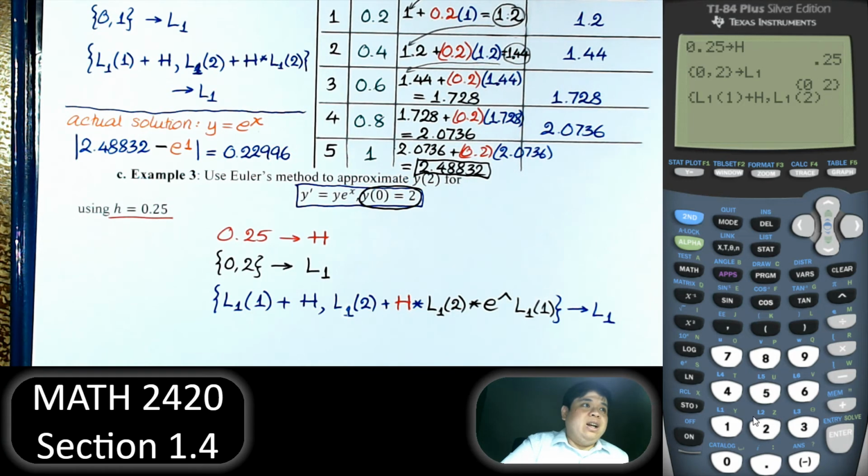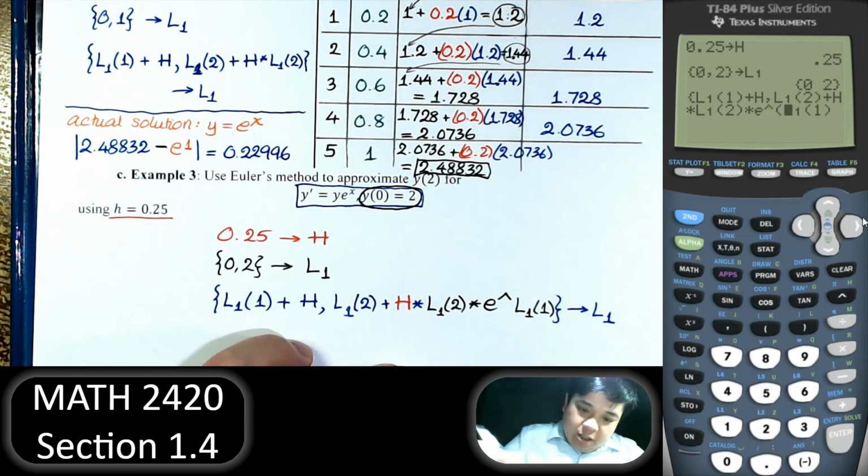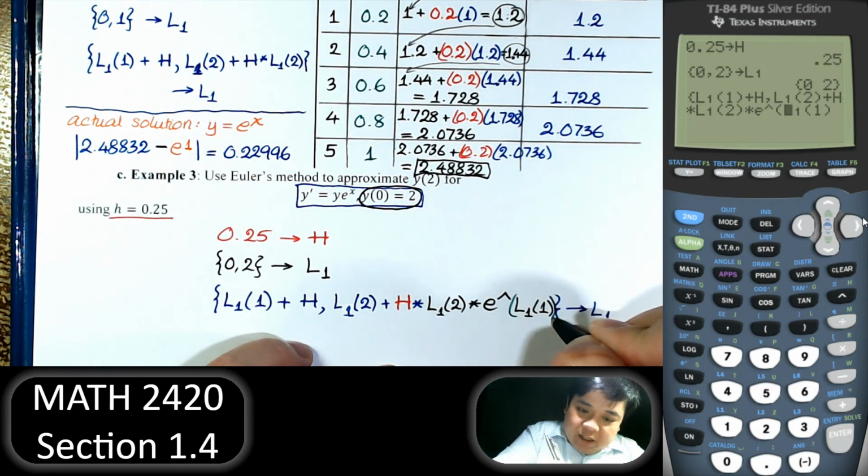When we hit second number 1, that gives us L1. And then add H times y, which is L1 of 2, times e to the x, which is L1 of 1. Don't even need the parentheses here.